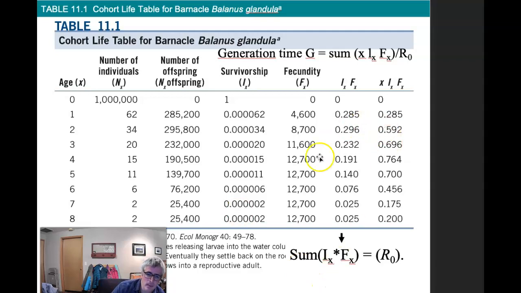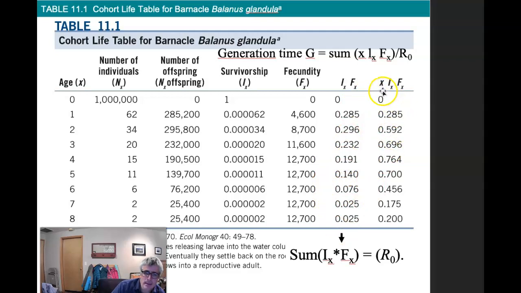If this adds up to 1, births and deaths balance out and the population will not change. If R0 is greater than 1, there's a net increase in offspring produced in each generation and the population will increase exponentially. And if R0 is less than 1, the population will decrease.